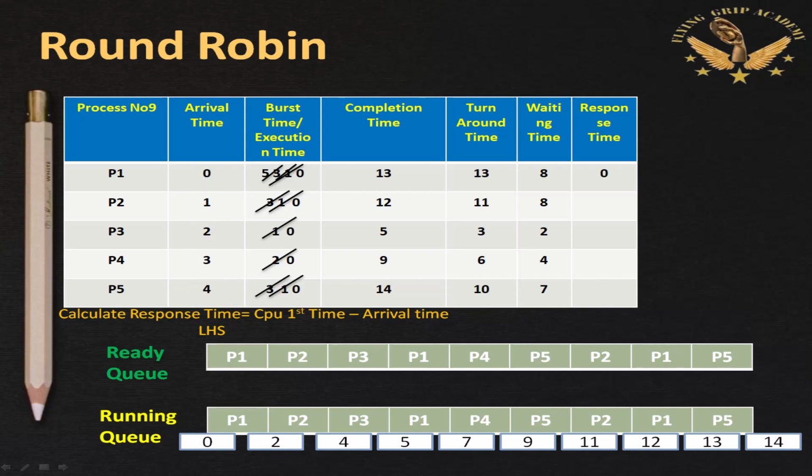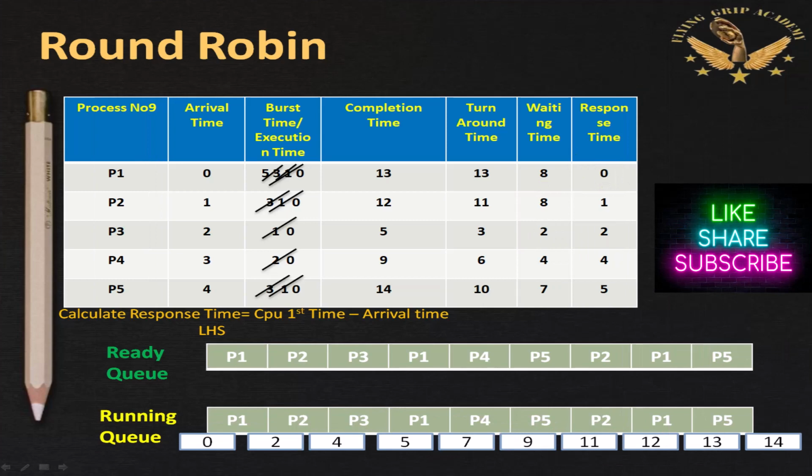Next P2, 2 minus 1 which is 1. Next P3, 4 minus 2 which is 2. P4, which is 7, 7 minus 3 which is 4, and P5, which is 9, 9 minus 4 which is 5. So we calculate at which particular time it first arrived.